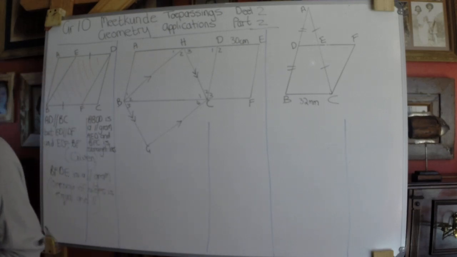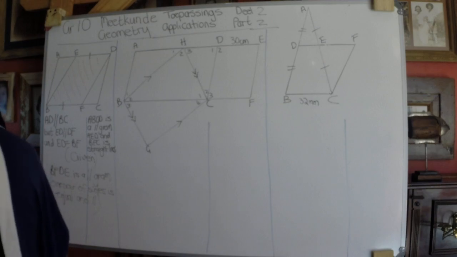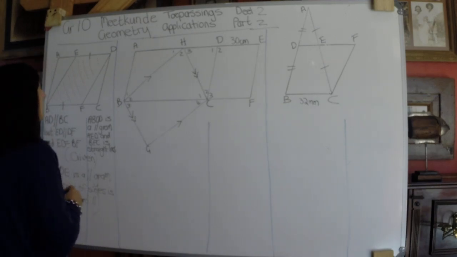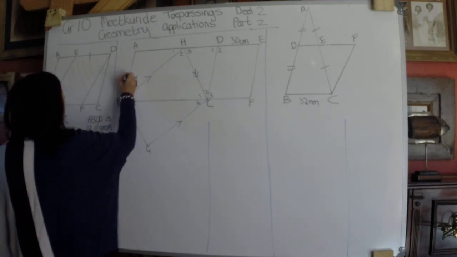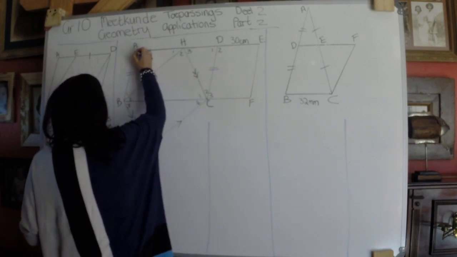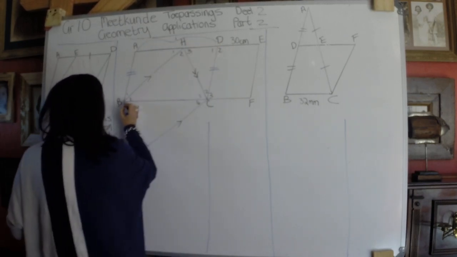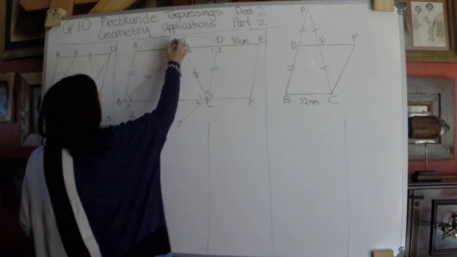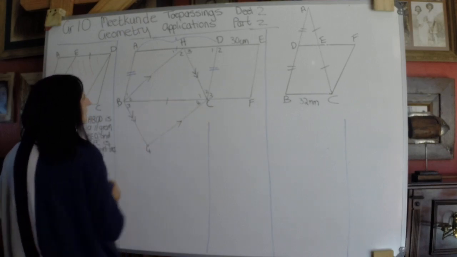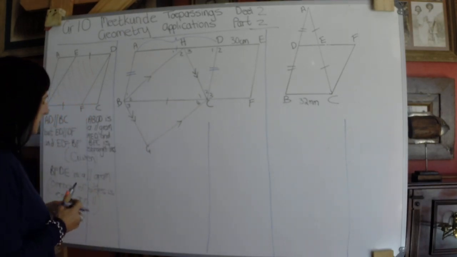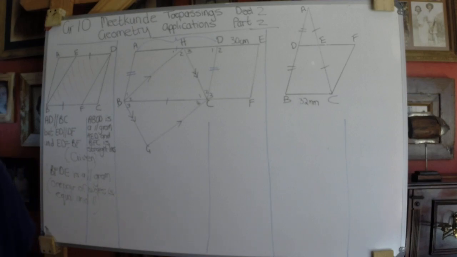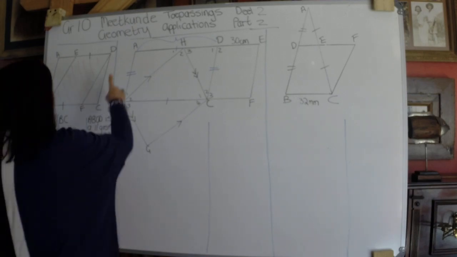Dit is gegee. Dan sê hulle BH halveer ABC. Right, let's mark this quickly. That side equals that side and this whole side of the parallelogram, let's mark it with one little line, is also equal to BC. Dan sê hulle ook, BH halveer vir ABC.